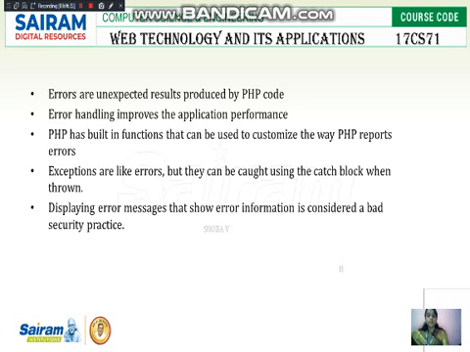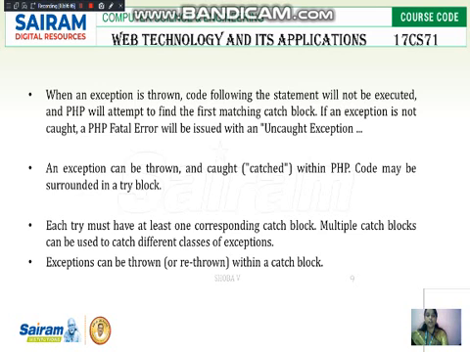Displaying error messages that show error information is considered a bad security practice, because we can't show the error information. PHP has built-in functions to improve error reporting, because all the reporting levels, which are in the PHP configuration, can be seen during runtime. We can find out those levels.